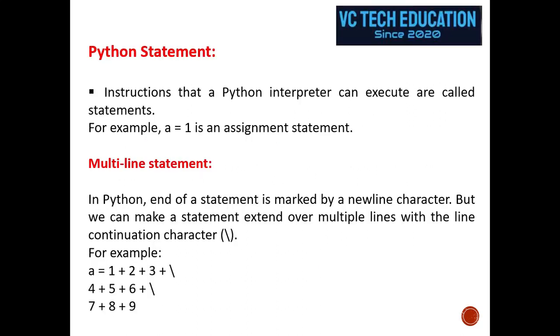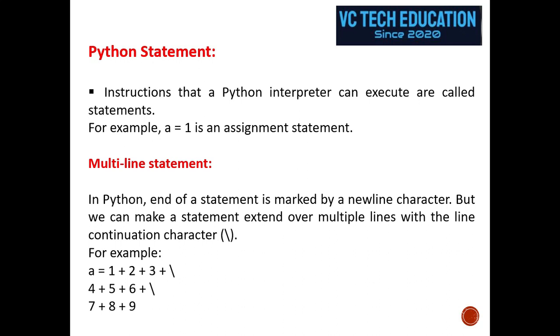Python statements. Instructions that a Python interpreter can execute are called statements. For example, a = 1 is an assignment statement. Multiline statements. In Python, the end of a statement is marked by the newline character, but you can make a statement extend over multiple lines with the line continuation character, the backslash.